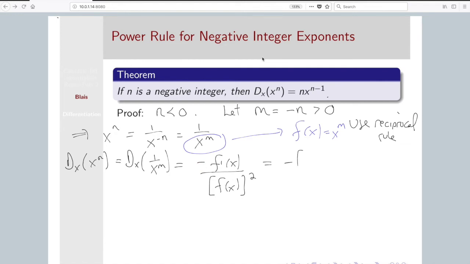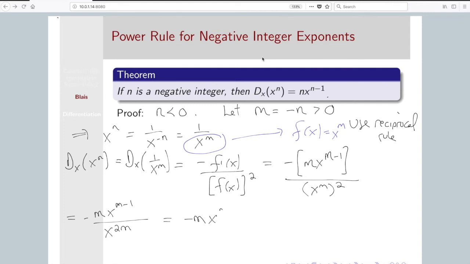So minus, and then we have m x to the m minus 1, again by power rule. And in the denominator, we have x to the m squared. And all that remains here is just to clean this up algebraically. So we have minus m x to the m minus 1 over x to the 2m.